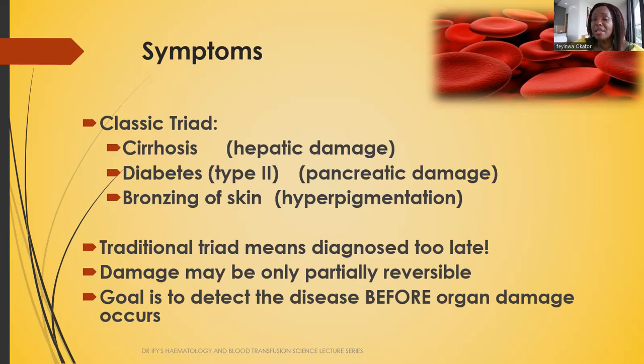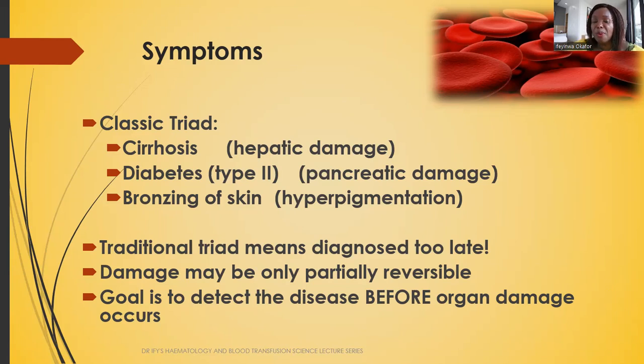When present clinically, these 3 things are a strong suggestion that the person has hereditary hemochromatosis, due to iron deposited in different tissues and organs of the body. Remember that traditionally, when this is seen, it means that diagnosis is already too late, and damage may be only partially reversible.